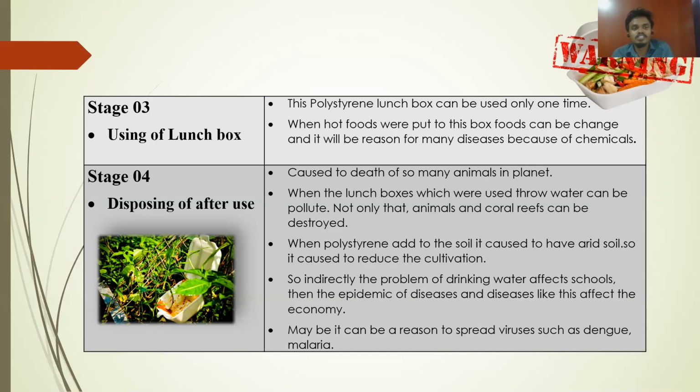Moreover, this type of lunchbox releases many harmful gases to the environment, such as carbon monoxide, nitrogen dioxide, and sulfur dioxide. As well, in manufacturing the lunchbox, we need huge energy and many machines. Those problems arise in the second stage of the polystyrene lunchbox.